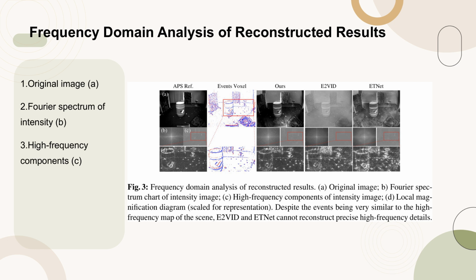The analysis reveals that despite the similarity between events and the high-frequency map of the scene, methods like E2VID and ETNet fail to reconstruct precise high-frequency details, resulting in blurred edges and increased noise interference. In contrast, the high-frequency components of the results from the described method closely match the event's voxel, indicating effective utilization of high-frequency features of events at the current time.